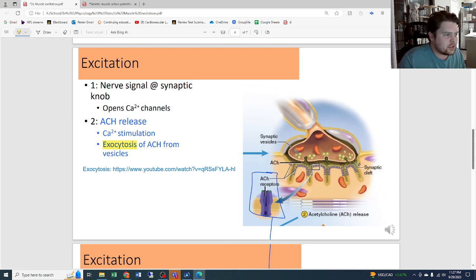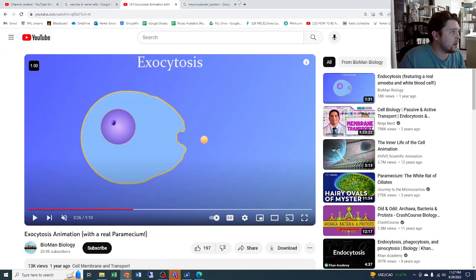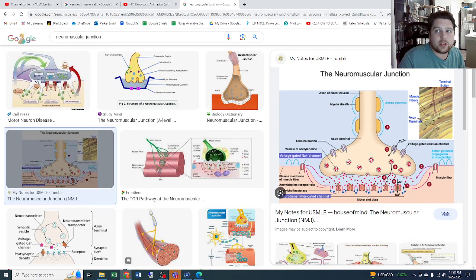And those synaptic vesicles holding the ACH, acetylcholine, are going to be released into this area called the synaptic cleft. And let me pull up a little bit of a bigger picture. So here is what the neuromuscular junction looks like, a little bit bigger.